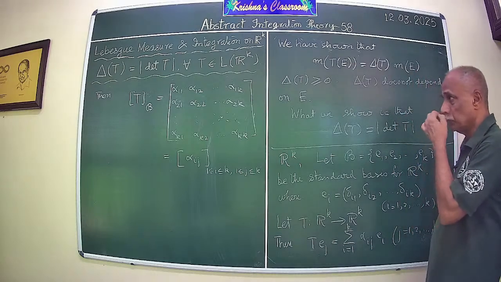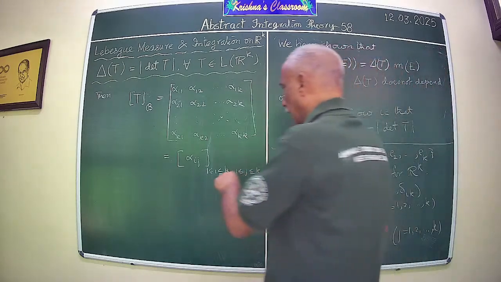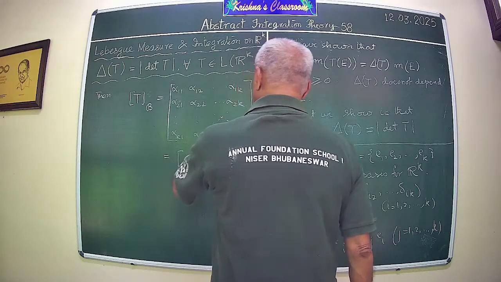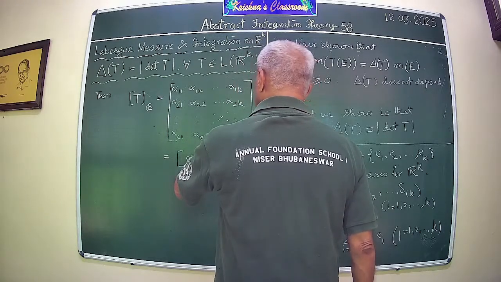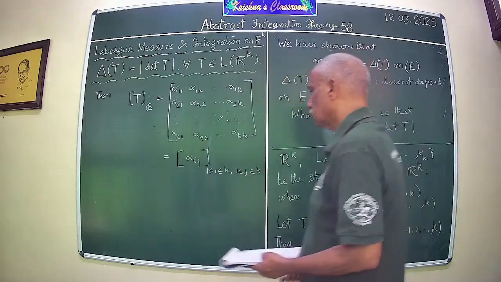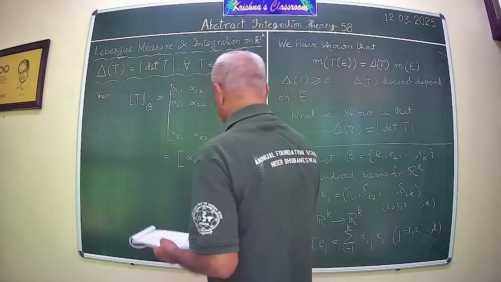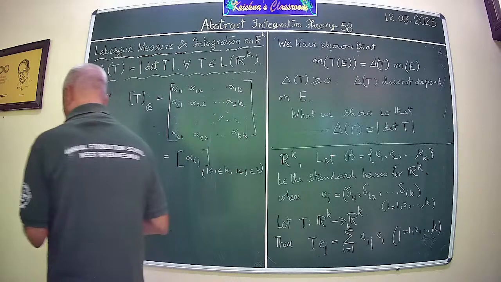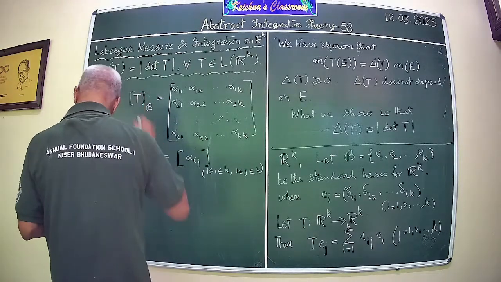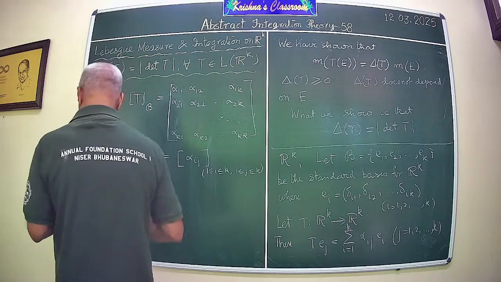Here i runs over the rows and j corresponds to the columns. This is the matrix representation of T.